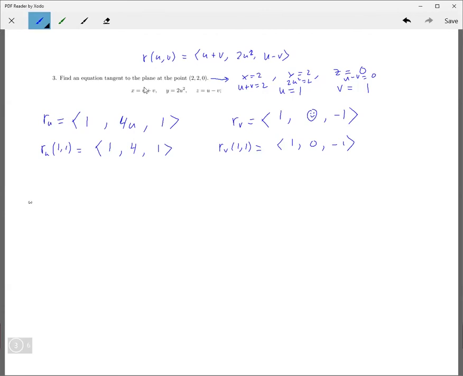You can use the cross product. Yes, exactly. You're going to do the cross product because that will give you the normal vector to the plane.